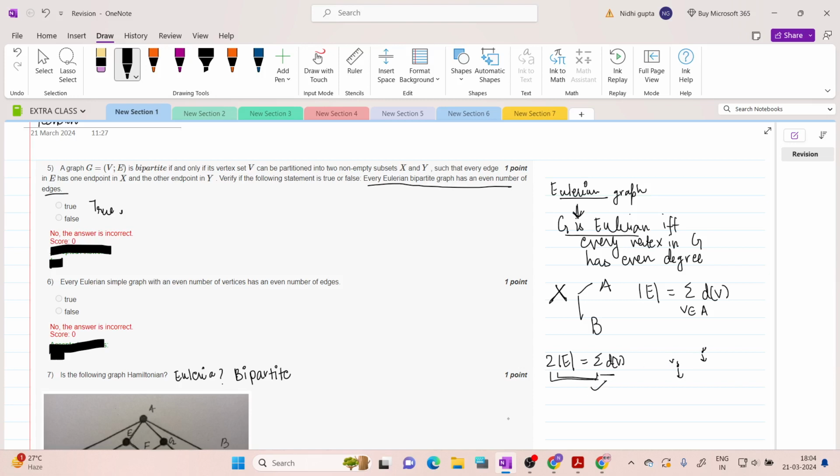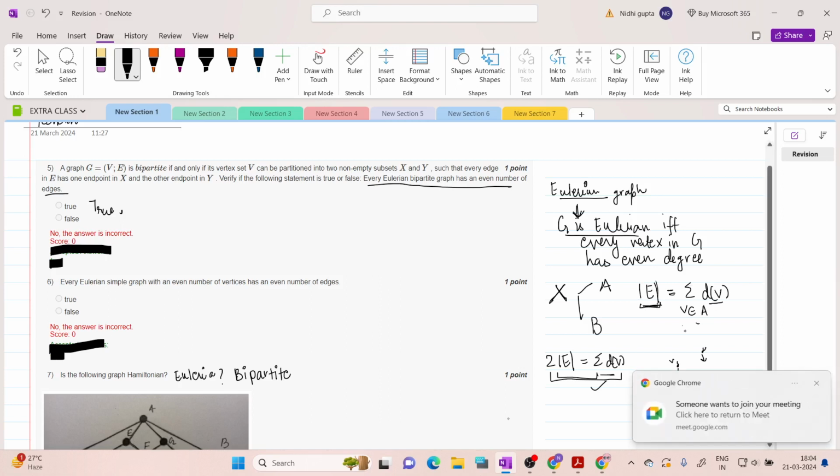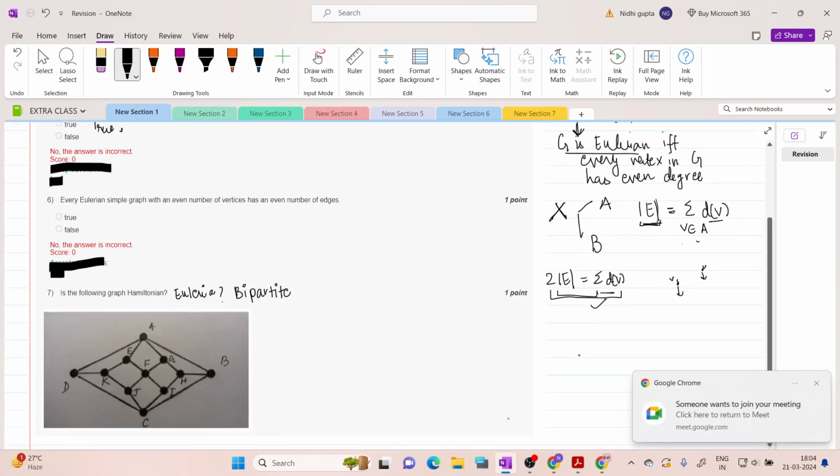But for a bipartite graph, we can say that the number of edges will be equal to the sum of degrees if we just look at the vertices in A.